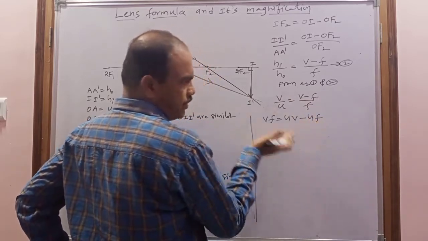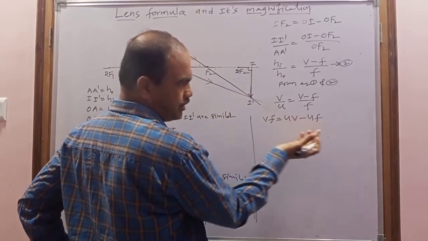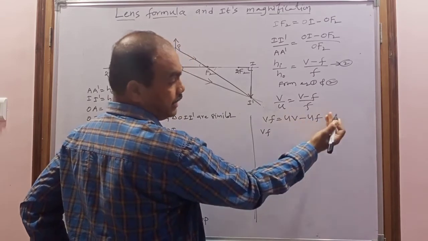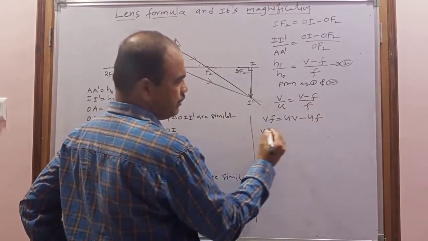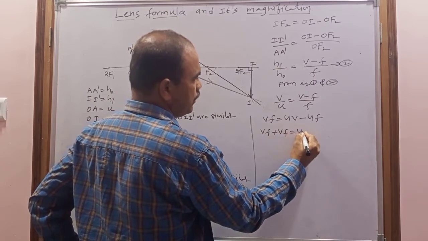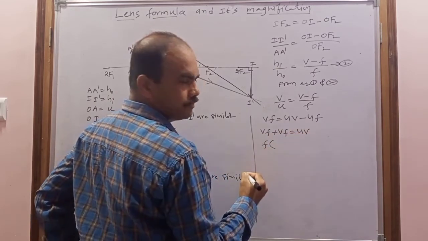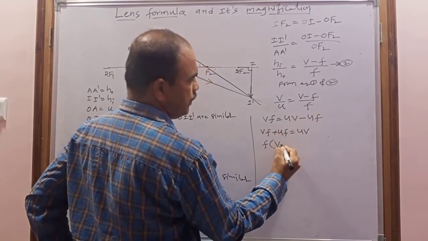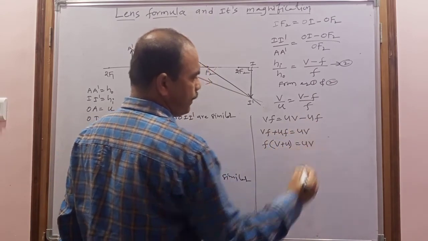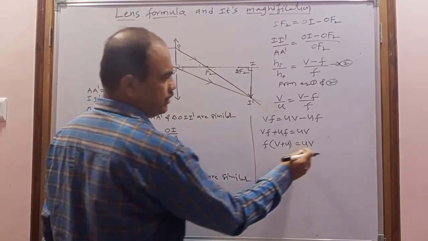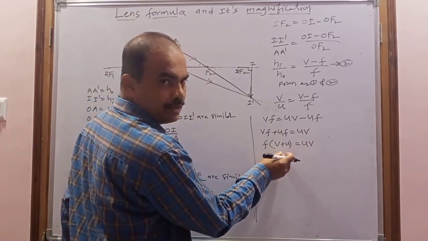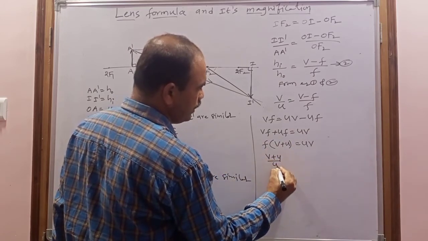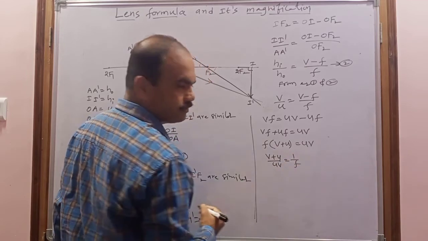Now bring the minus UF to the left side. It is on the right side; when it comes to the left side, it becomes plus UF. So VF plus UF equals UV. Now take F common: F into V plus U equals UV. Next, bring UV to the left side and F to the right side. Then you get V plus U by UV equals 1 by F.